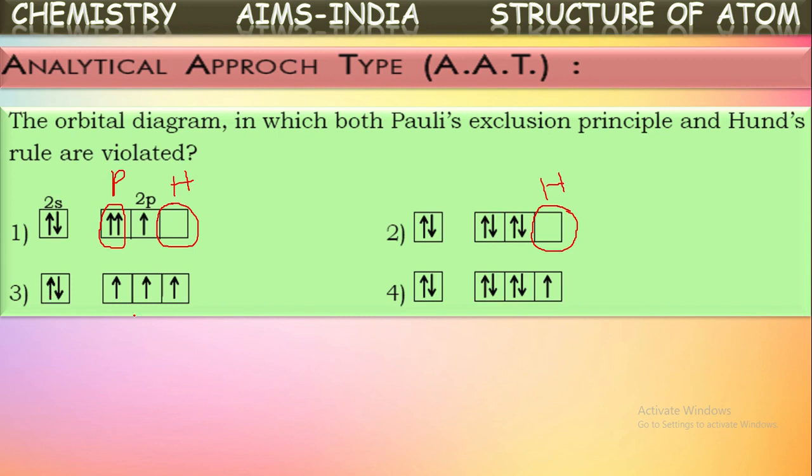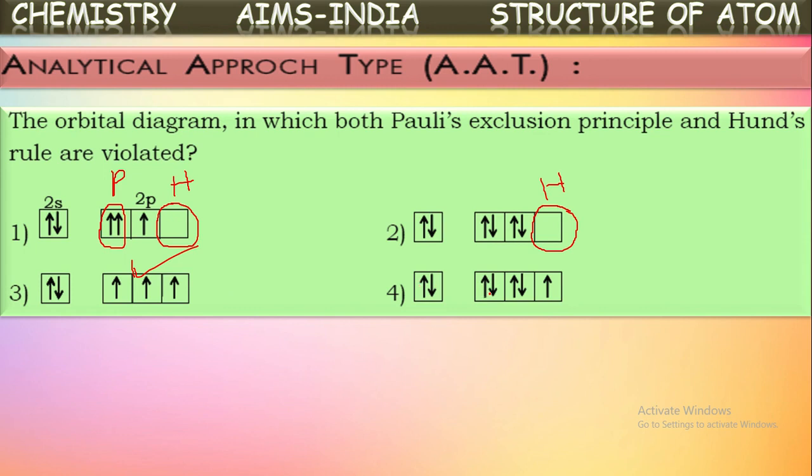Next, the third configuration: after filling 2s completely, electrons go into 2p, and all the degenerate orbitals are occupied with a single electron. No pairing has taken place. So this completely follows both principles. Yes. Next, the fourth configuration: after filling the 2s orbital, electrons enter the 3p orbitals.